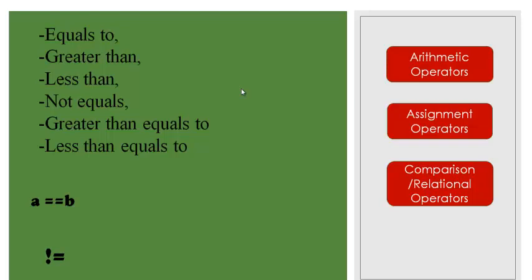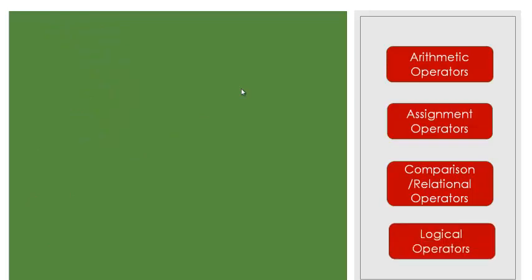Now, going to the last type of operators, logical operators. If you have two conditions and you want to combine them together, you work with these operators only: and, or, not. When we come to and, you have to make sure that both conditions are true.